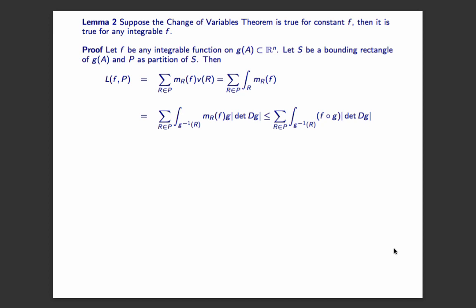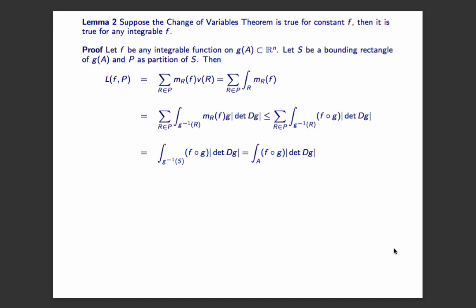Now, because little m_R of f is the infimum, then the infimum is necessarily a lower bound. So I get it's less than or equal to f composed with g times that determinant of dg over the same integral. And if I'm summing integrals over subrectangles, that's just the integral over the entire bounding rectangle S, warped by g inverse.